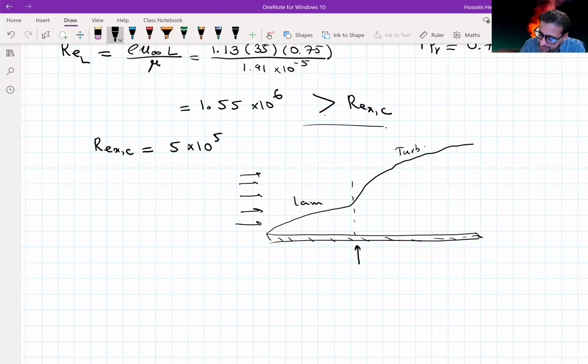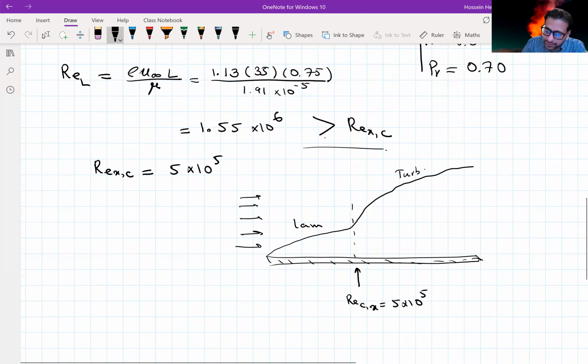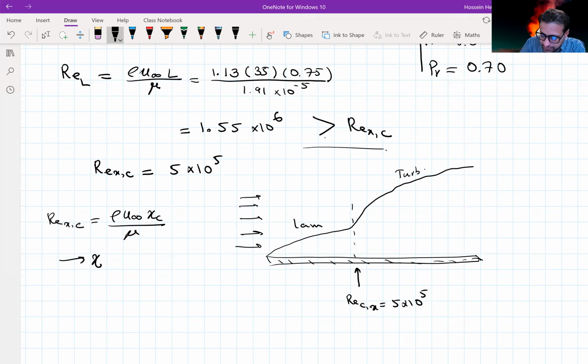And this is the place where I have Re,c at x equal to 5 times 10 to the power 5. Now, if we use this Reynolds number in the equation Re_c equals rho u infinity x_c divided by mu, from here we can even find the location where the transition from laminar to turbulent happens for this flat plate.